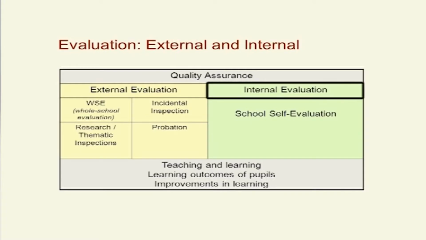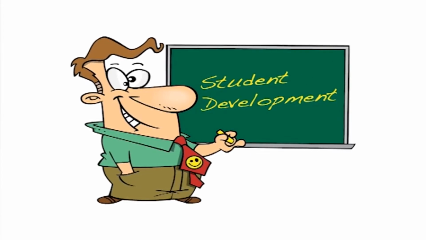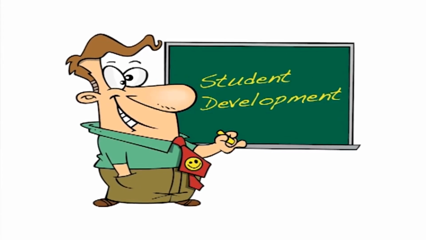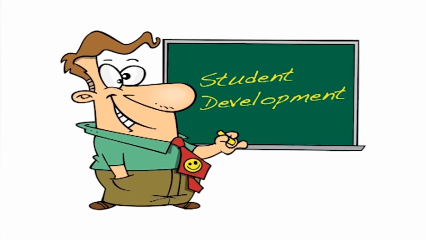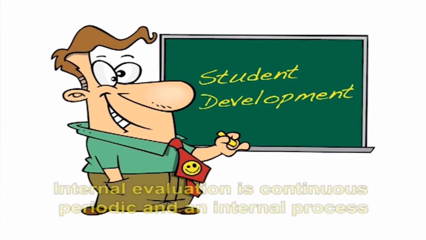The next types of evaluation are internal and external evaluation. Internal evaluation is used in the assessment and appraisal of students' cognitive, affective and psychomotor abilities. The continuous process of internal evaluation is the total awareness of a teacher to identify the aspects of student development.